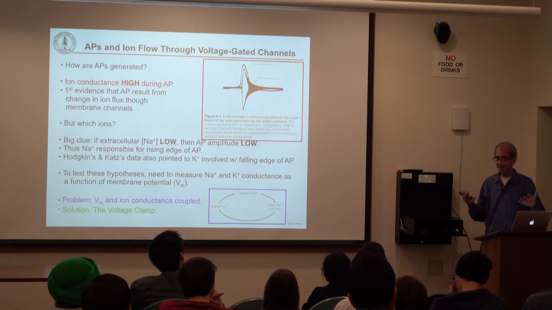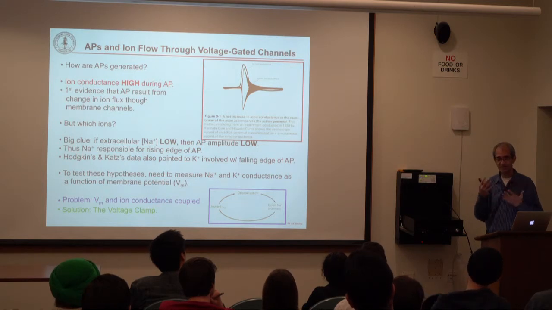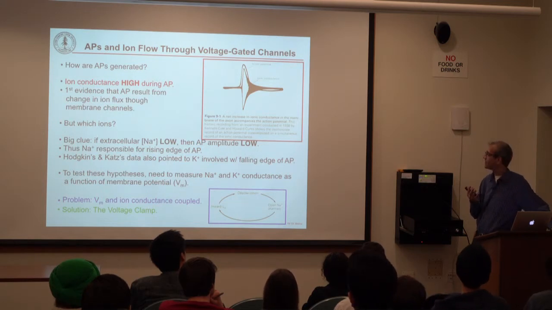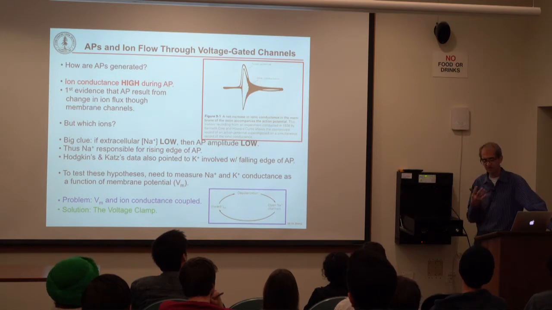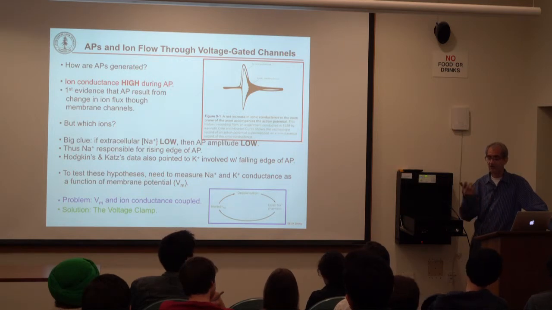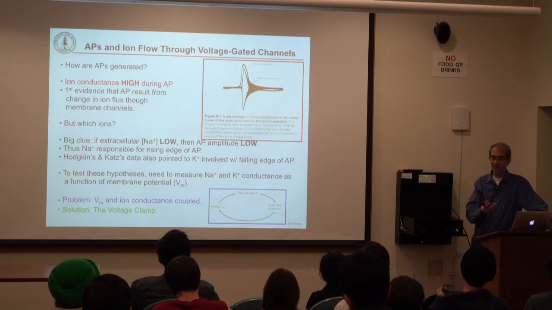Which ions? Well, it turns out you need to be a little bit of a chemist, which is personally disappointing to me because I never really liked chemistry. But you have to be a little bit of a chemist because you're going to need to shut down some ion channels to allow others to be seen.